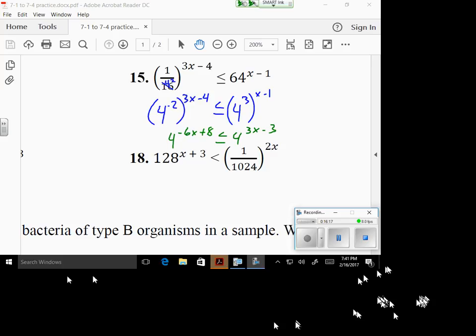Drop your bases. Subtract 3x. Get negative 9x plus 8 less than or equal to negative 11. Divide by negative 9. Then we're reversing the inequality since we divided by a negative. X is greater than or equal to 11 ninths.